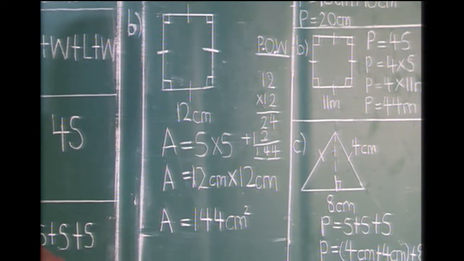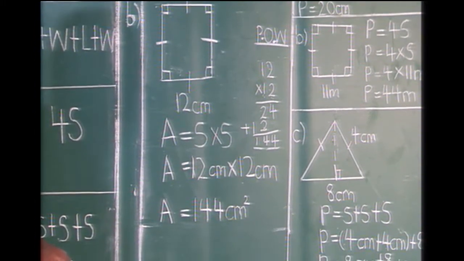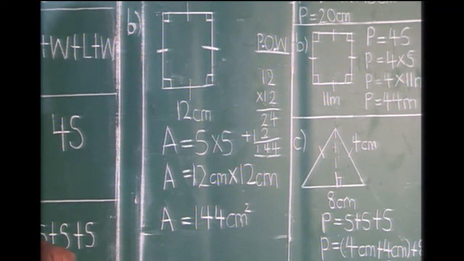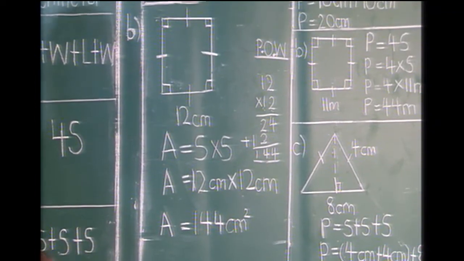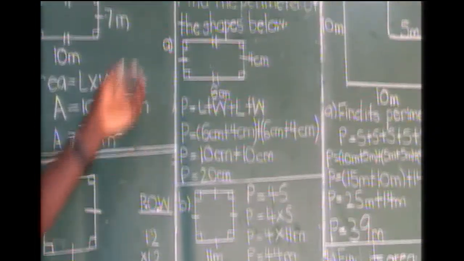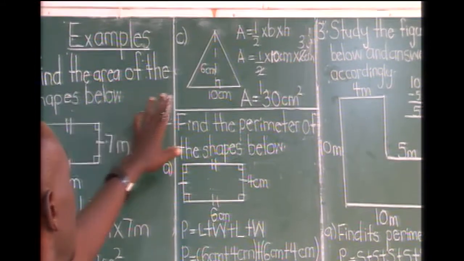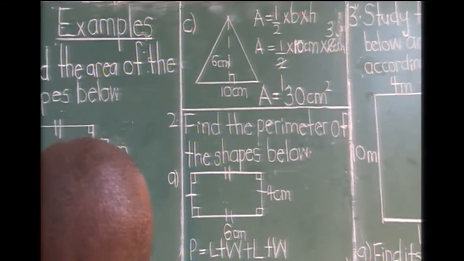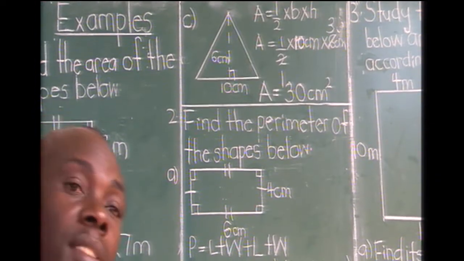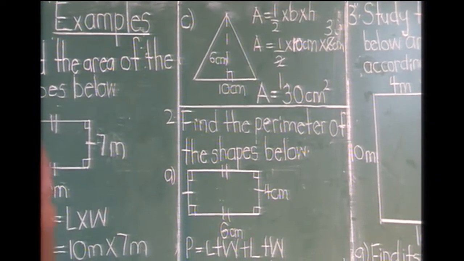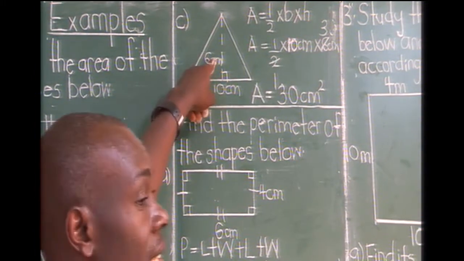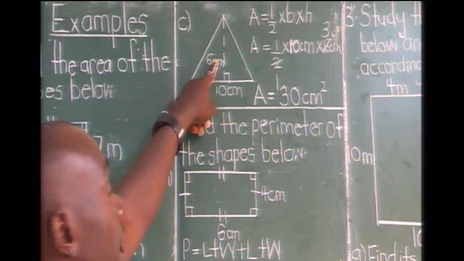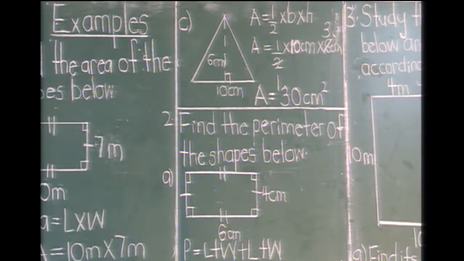Please ensure you know the properties of each shape so that one is not mistakenly taken to be the other. Then go to part C. Find the area of the shape in C. This is a 3-sided polygon, as I see, with a base of 10 centimeters and a perpendicular height of 6 centimeters.